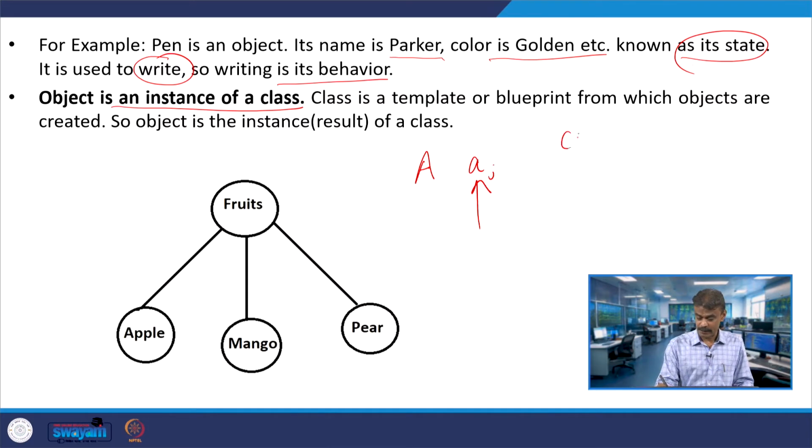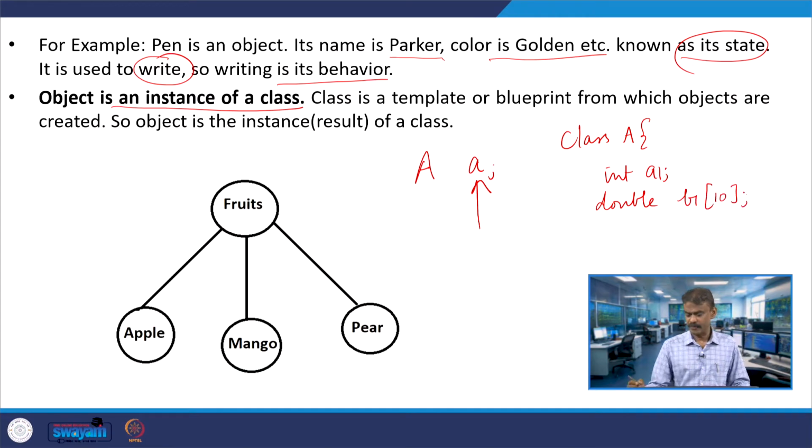Suppose I am defining class A. This has several members: int A1, double B1 of 10, an array of 10 elements, or a character C. Similarly, it can have several functions, int fun1, fun2 and so on.